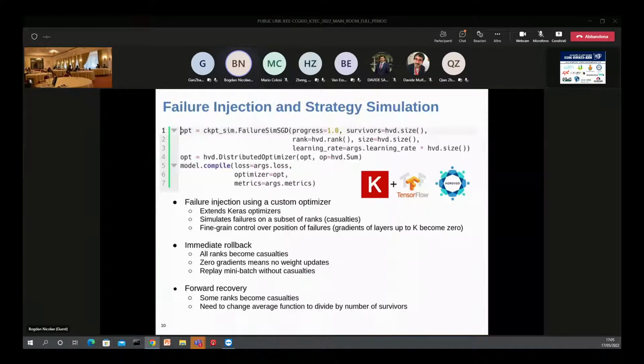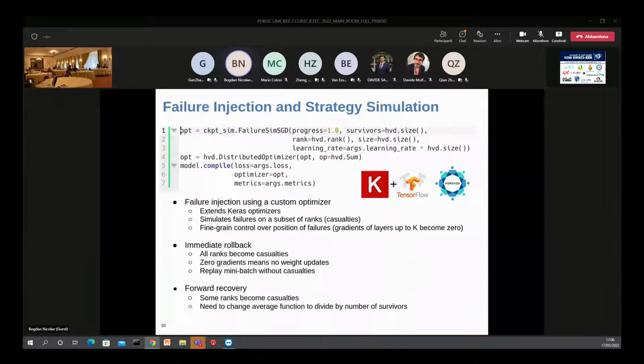These optimizers allow the user to specify on what workers the failures would be simulated and at what point during the backward pass we would like to simulate these failures. As mentioned, a failure during the forward pass is trivial to handle, so we don't study this scenario.